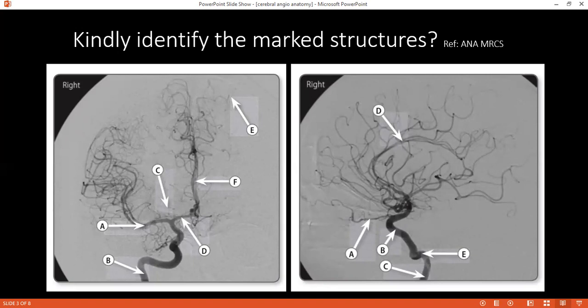Can you please tell me, if you suspect a middle cerebral artery infarct, what signs the patient will present with? With the middle cerebral artery, the patient will first present with aphasia, unable to speak.